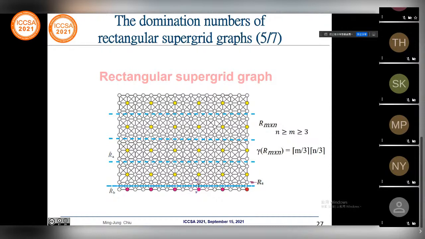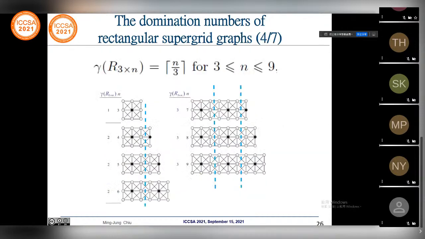So at most we can get floor of n divided by 3 rectangular 3 by n, and the gamma of rectangular 3 by n equals floor of n divided by 3.